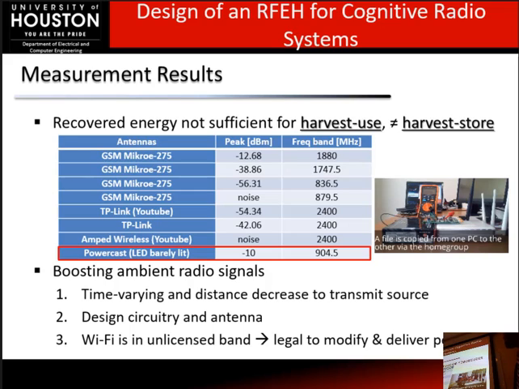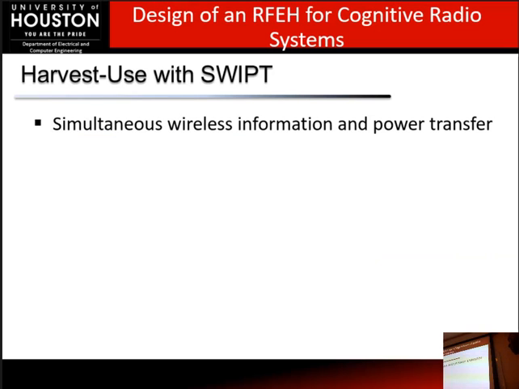So in the next 2 slides, I decided to focus on general ambient signals and try to relax the problem and focus on a harvest use situation and a harvester use situation. The first one, I used the SWIFT, which is simultaneous wireless information and power transfer, using a harvest use method.